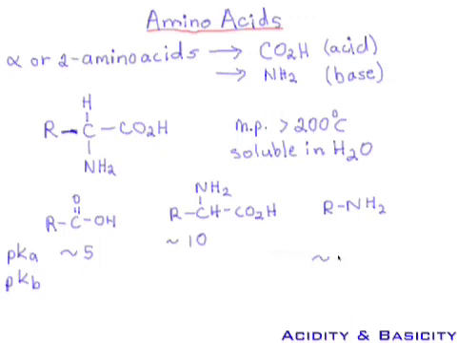Amines usually have a pKb around 4. The pKb for amino acids is around 12. So, a question arises. How can we explain this difference in pKa and pKb from free carboxylic acid or free amine when compared with that of the amino acid?